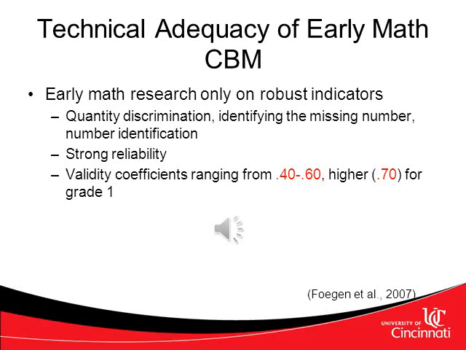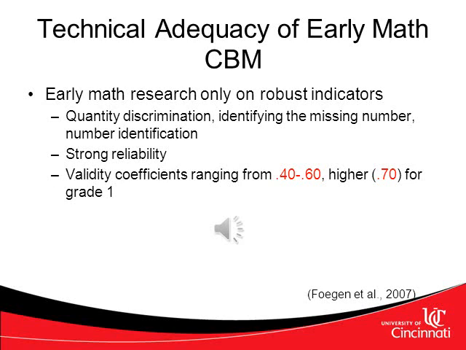So the review also looked into the technical adequacy of early math CBM measures, and these have only been done on robust indicators. So again, these measures look at overall if a student is on track for math performance, and the measures include quantity discrimination, which is just the students given two numbers and they say which one is bigger.